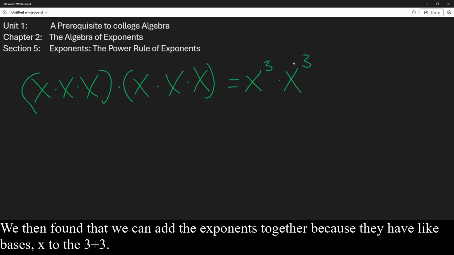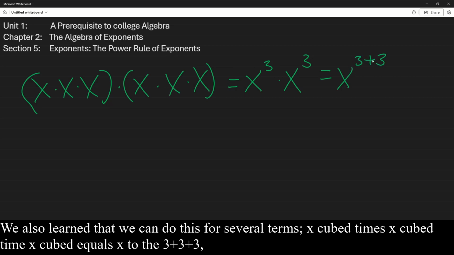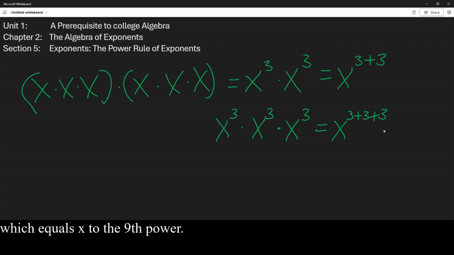We then found that we can add the exponents together because they have like bases, x to the 3 plus 3. We also learned that we can do this for several terms. X cubed times x cubed times x cubed equals x to the 3 plus 3 plus 3 power, which equals x to the 9th power.